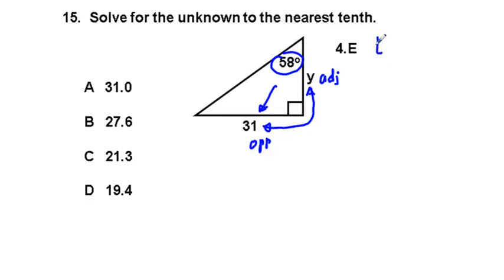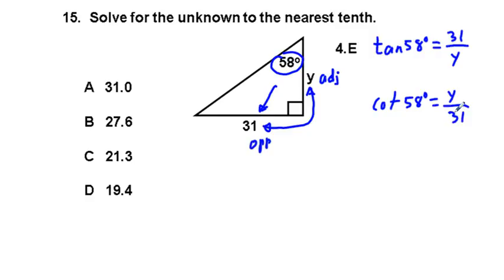So we can go tangent of 58 degrees is equal to our opposite, which is 31, over our adjacent, which is y, and solve for y, or we can use the cotangent. Cotangent of 58 degrees is equal to y over 31.